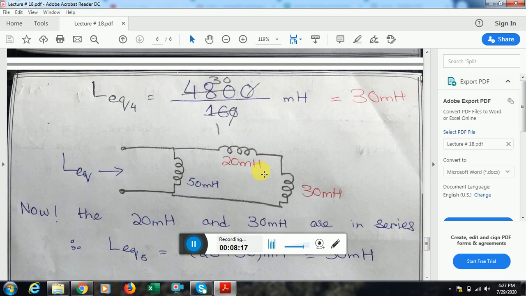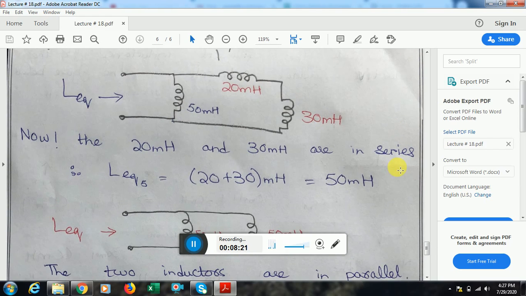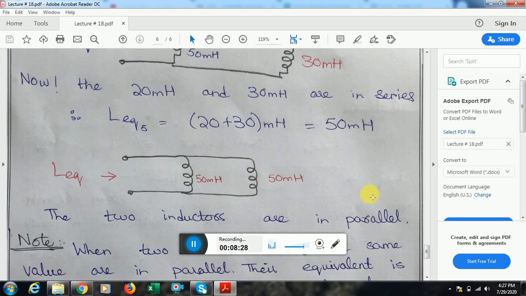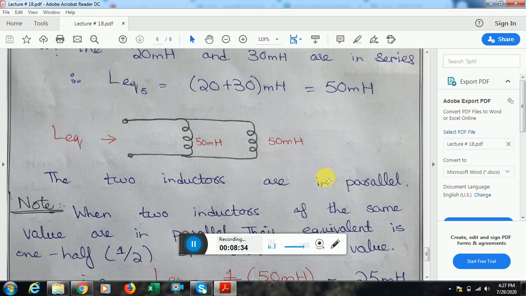Now you can see that this 20 millihenry and this 30 millihenry are in series with each other. The equivalent inductance would be the sum of these two, which is 50 millihenry. Finally the circuit summarizes to two inductors, 50 millihenry and 50 millihenry, in parallel to each other.